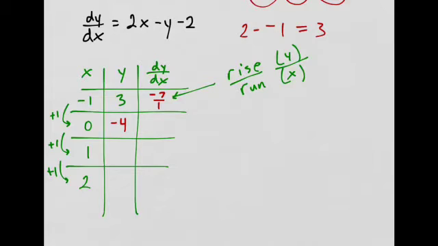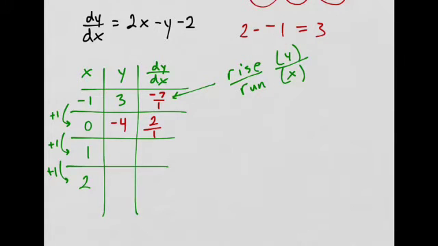If I plug it in, that gives me a slope of +2. That's 2 over 1. So every time I move to the right 1, I add 2 to y, because that's just rise over run.